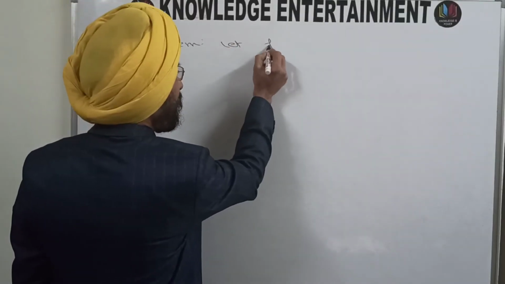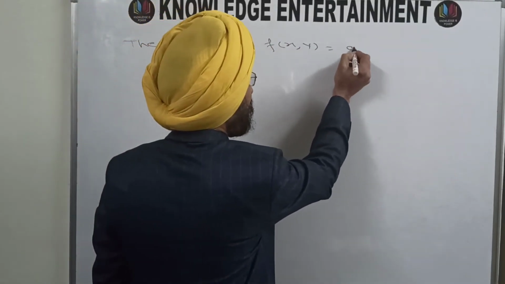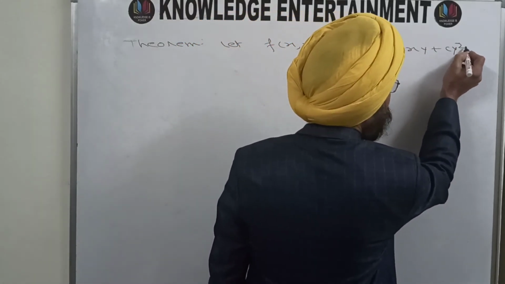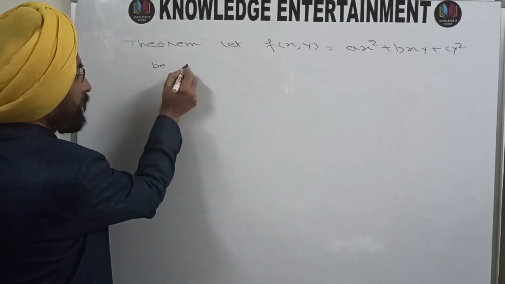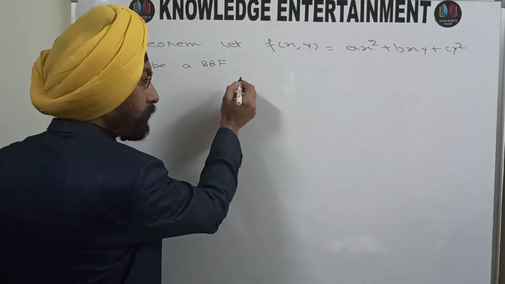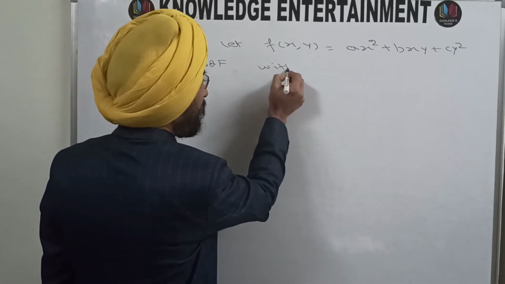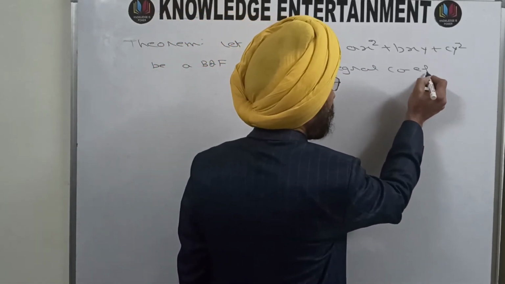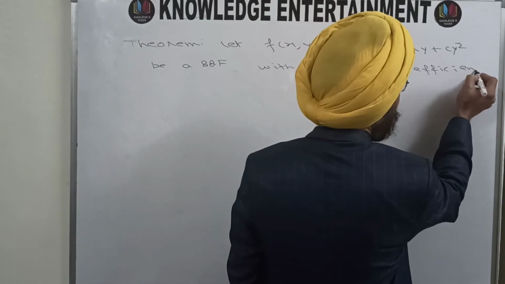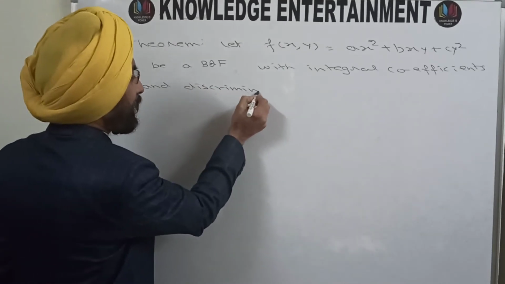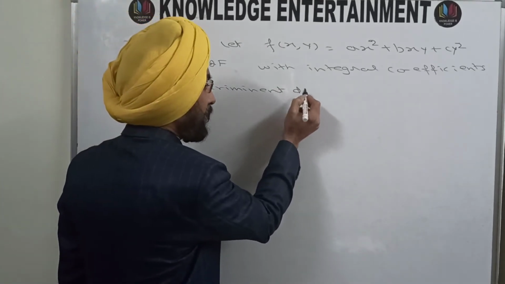Let f(x,y) = ax² + bxy + cy² be a binary quadratic form with integral coefficients and discriminant d.